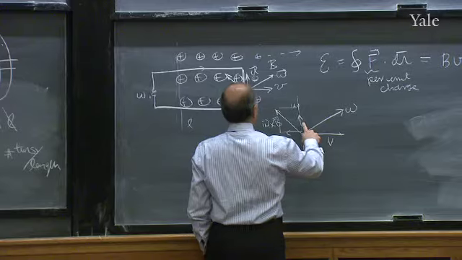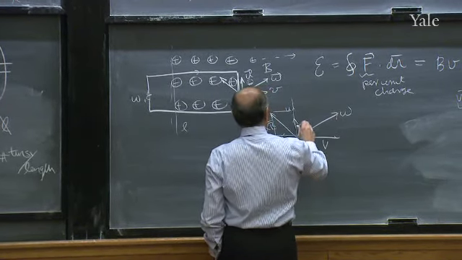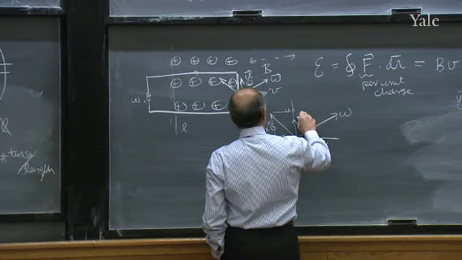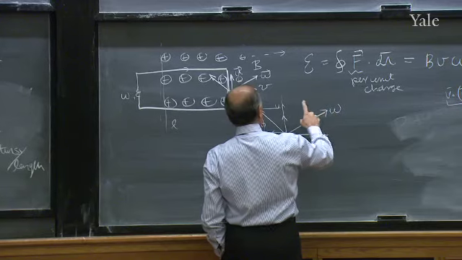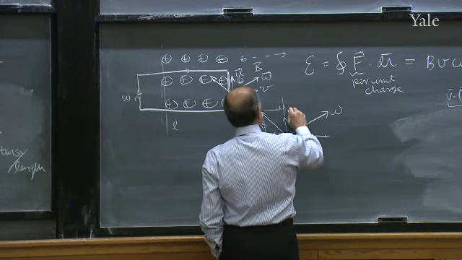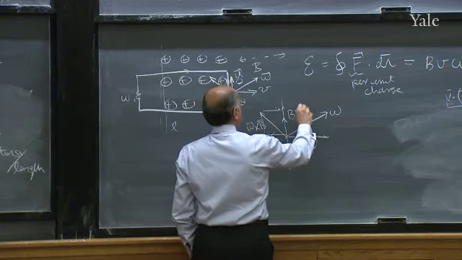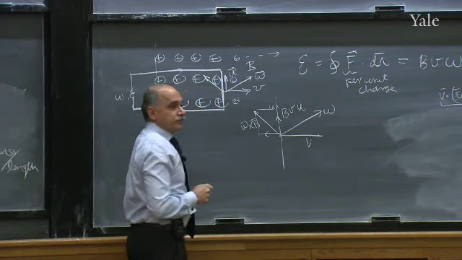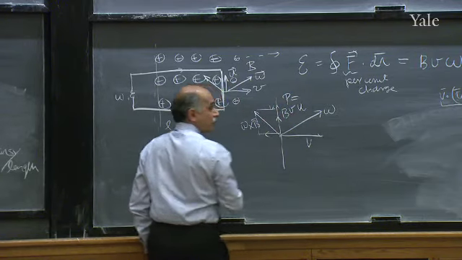The force here will be, let me see, it'll depend on the other component. So the force here is B times V, and the power is that times U. Power is BVU due to this portion.